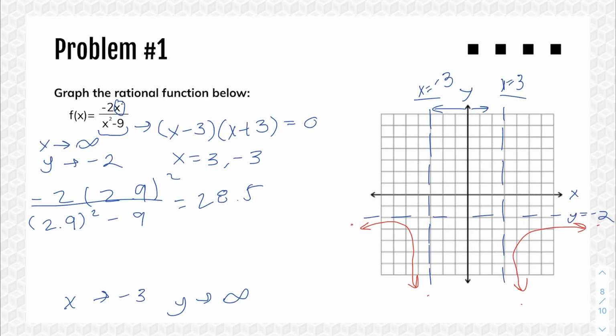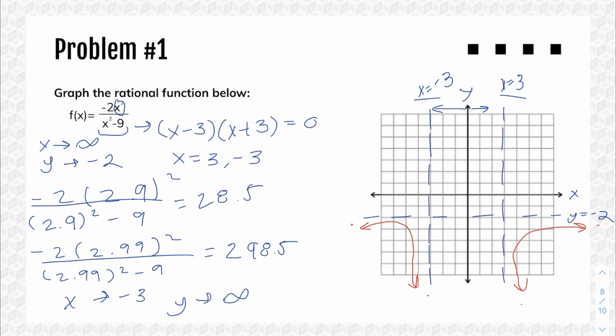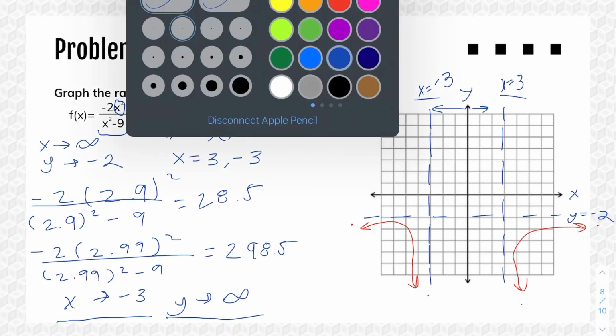Now let's get even closer. Let's use the number 2.99 as x. This will give us y is equal to 298.5. This also shows that as x approaches 3, y is still approaching positive infinity.